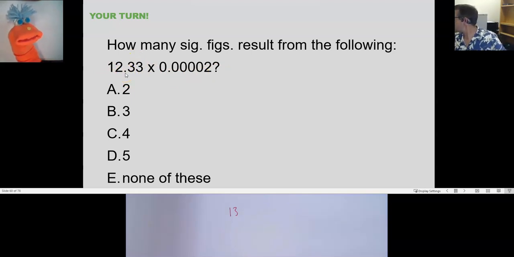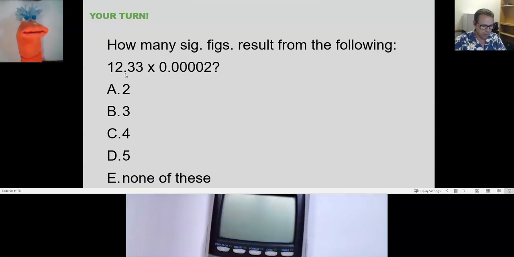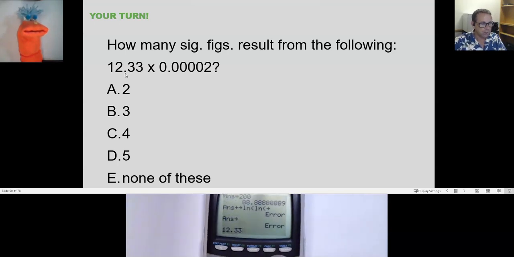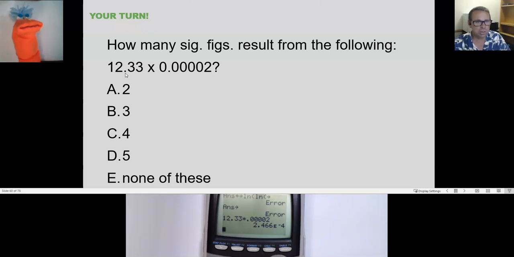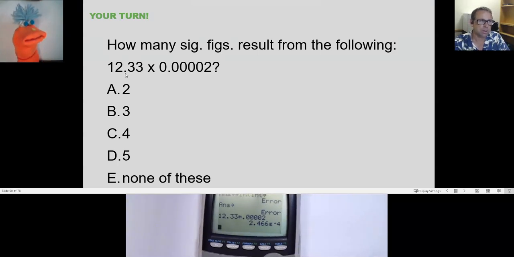If I take 12.33 times 0.00002, right? 12.33 times 0.12342, I have an answer there, 2.466 times 10 to the minus 4. But the question is, how many significant digits should be expressed?